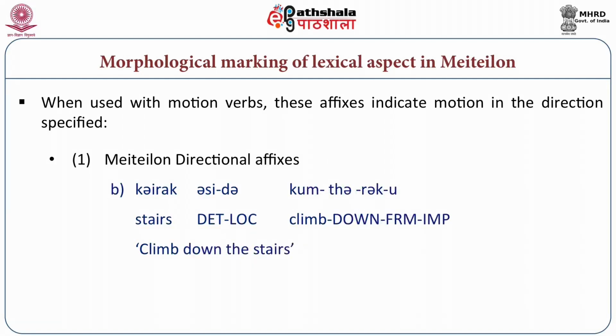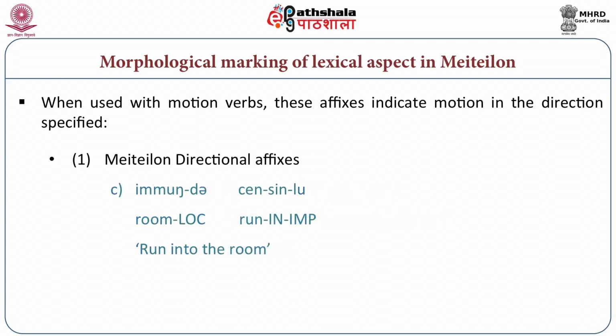The verb climb down in Meithei involves the verb climb plus the morpheme down. The verb run into involves the root morpheme run plus sin. The verb run out involves the morpheme run plus out.